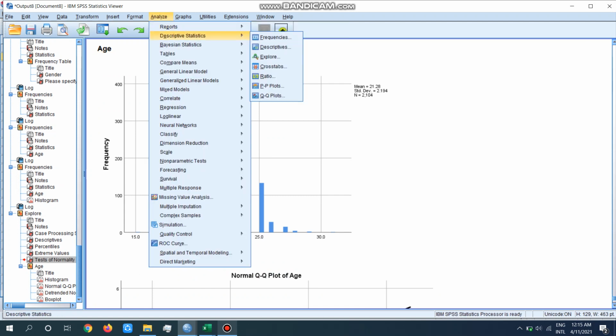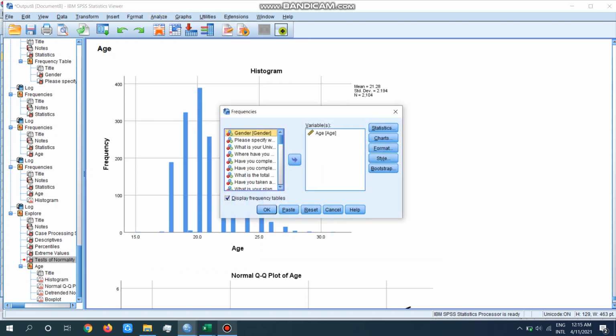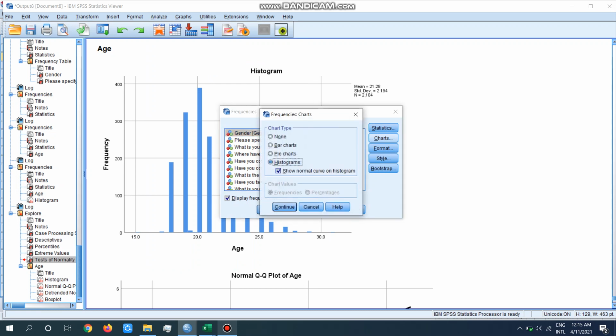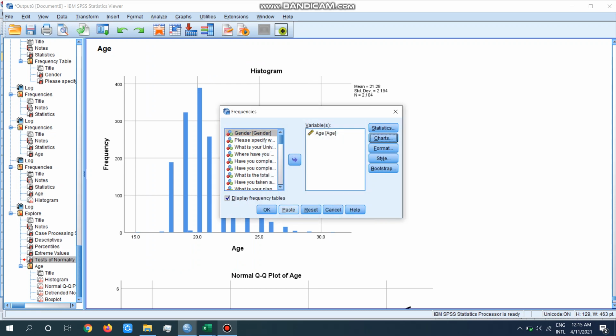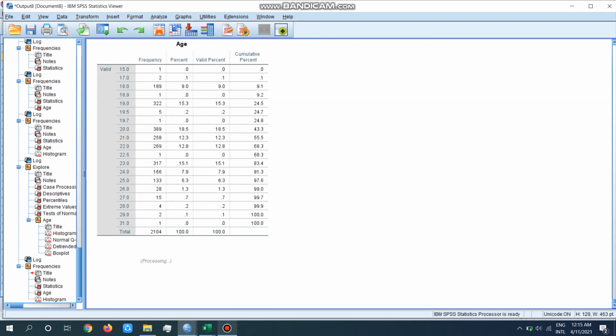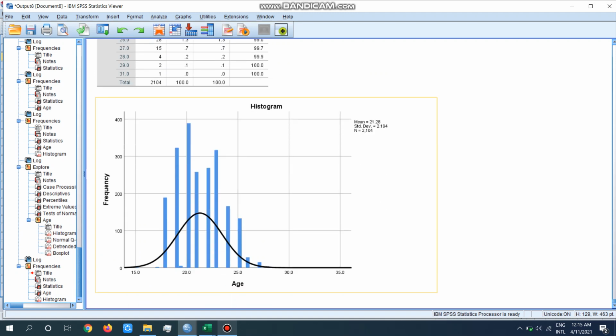To clarify this, I will show you another chart with the normal curve. Here is the histogram, and we can clearly see that most of the data are outside this curve.